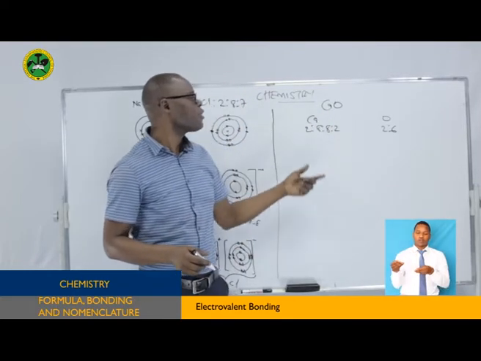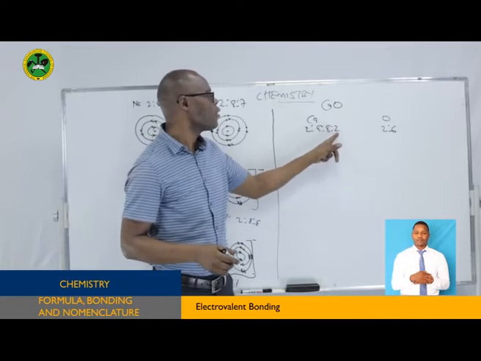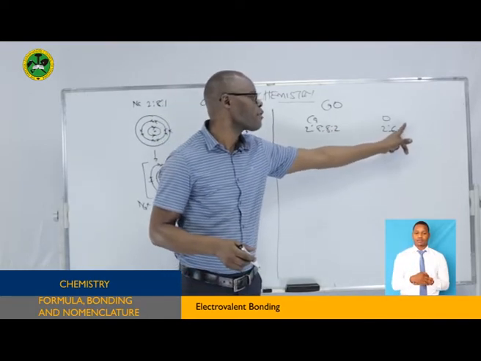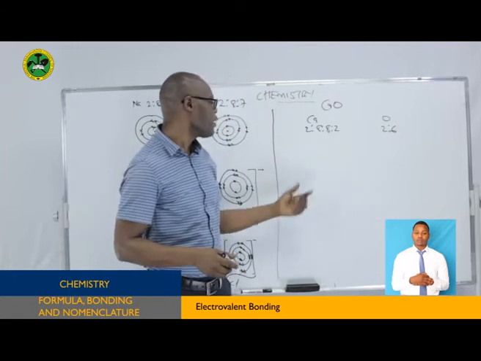Now for calcium to attain the octet state, instead of gaining 6 electrons, it will lose these 2 electrons, and the 2 electrons will be grasped by oxygen. So let's draw its structure.